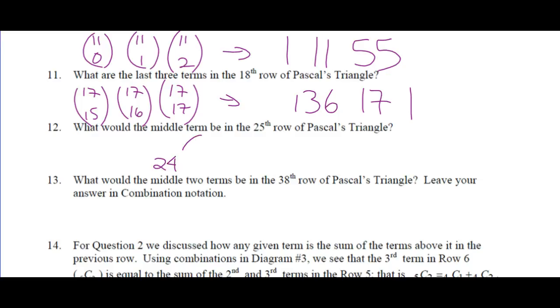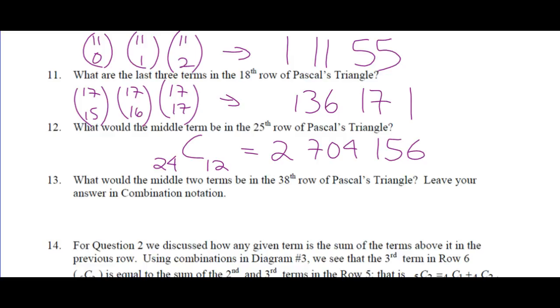So I want the 13th term, which will be 24 choose 12. I could do it on paper, but I cannot do it in my head. Okay, that's why they made those calculators.